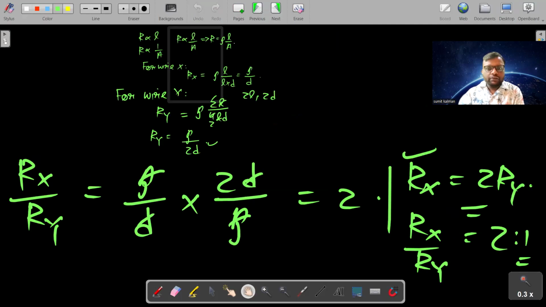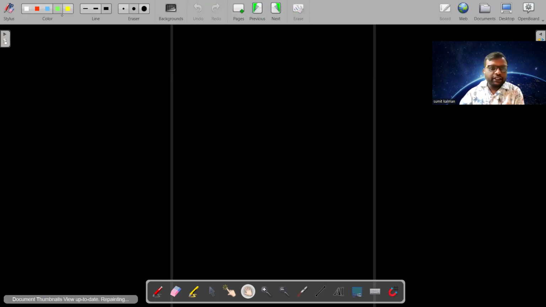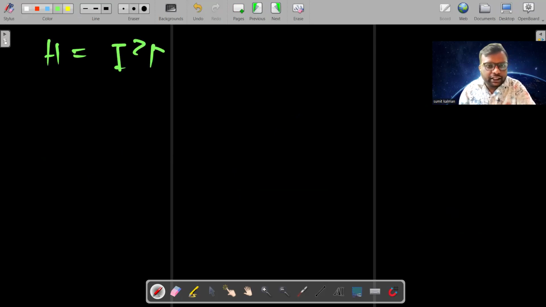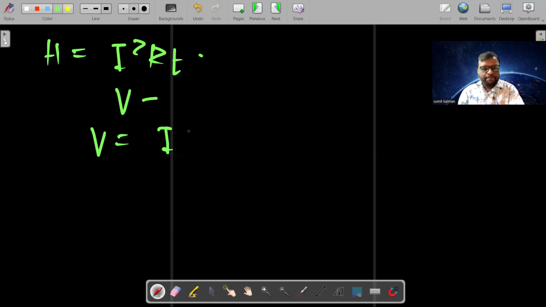And what is Joule's law of heating? Heat energy H is equal to I square RT. Here students, we don't know current, but we know that both wires are connected to the same voltage supply. So here we will replace current. As we all know from Ohm's law, V is equal to IR.